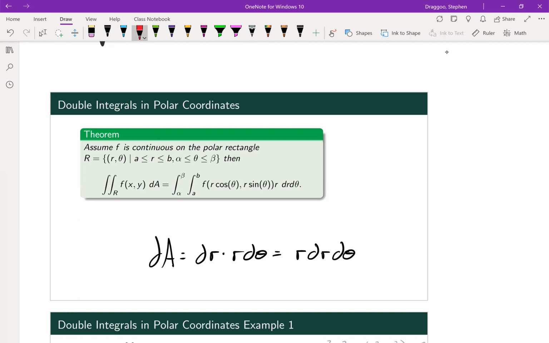It's important to pay attention that this r right there is coming from dA. But that means that our polar double integral looks just like the iterated integrals we've been doing before, with the one addition of that r that we're going to have to multiply in.